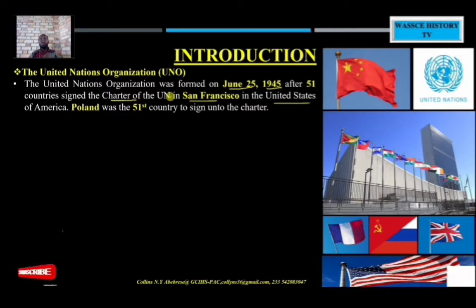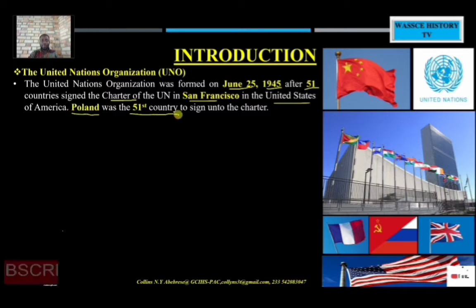After the Second World War, the British Prime Minister and Franklin Roosevelt, the then American president, met, and they drafted that charter. And so the UN organization was formed on 25th June 1945, and 51 countries signed the charter in San Francisco in the United States of America.